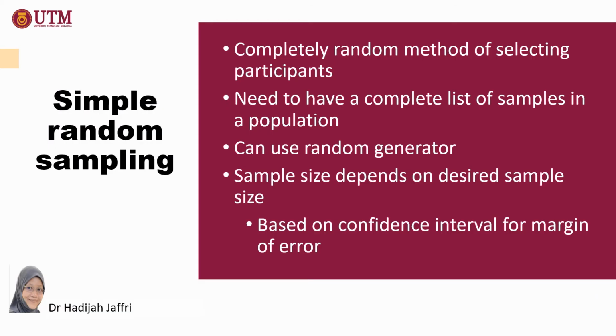What is simple random sampling? It is a completely random method of selecting subjects or participants in a study. To select samples needed in our study, we need to have a complete list of samples in a population in which every sample has equal chance to be selected.